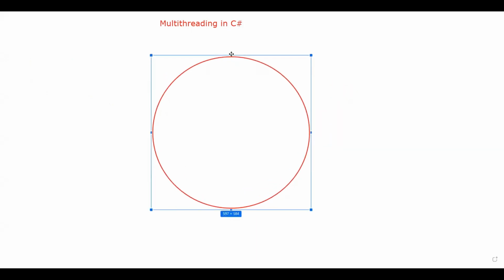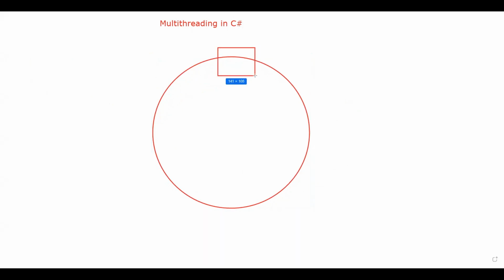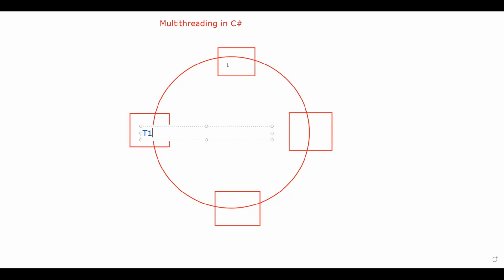I have something like this: P1, thread 1, thread 2, thread 3, thread 4.